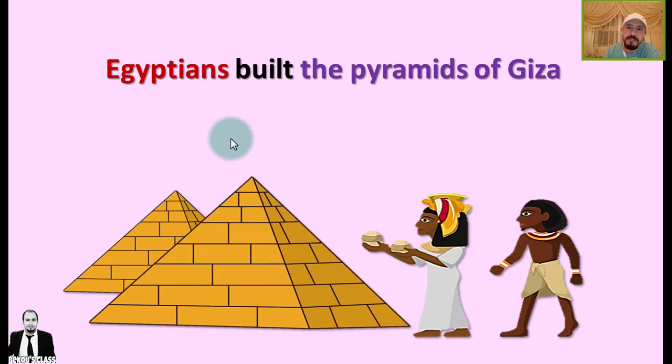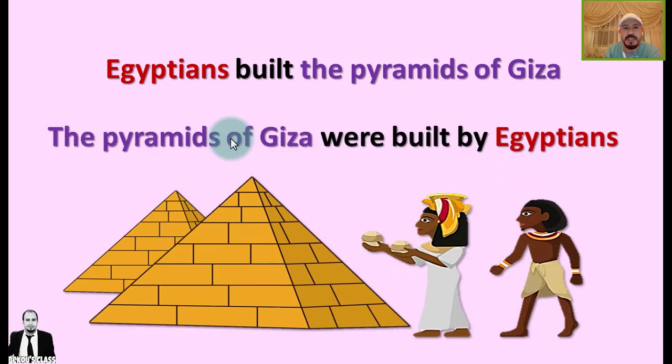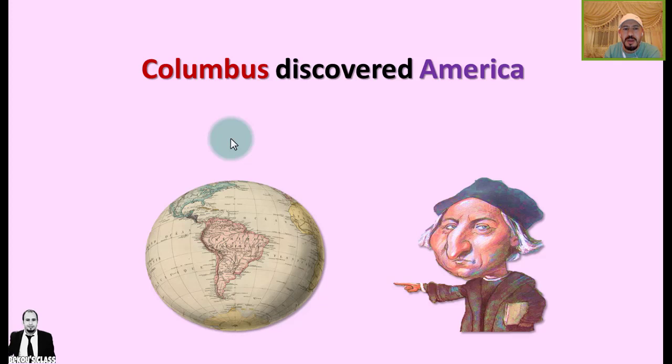Egyptians built the pyramids of Giza, right? So we have here, it becomes, the pyramids of Giza were built by Egyptians. Columbus discovered America, right? So always look at the verb, in what verb form it is conjugated, okay, and you start with the object.